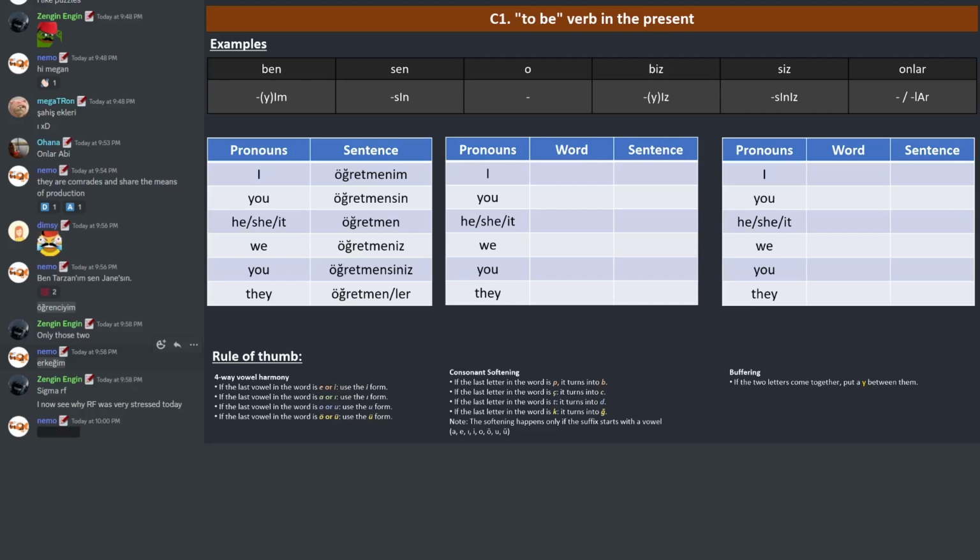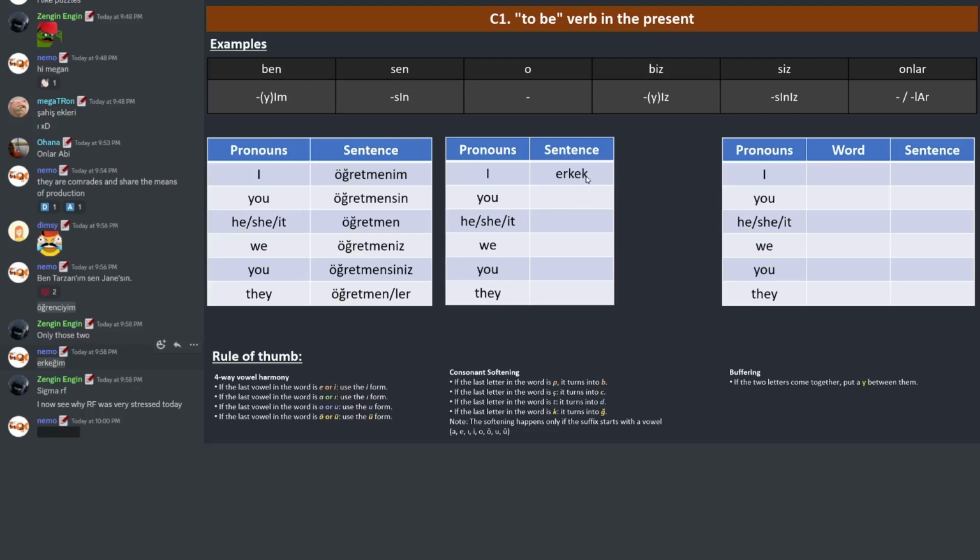Okay, so a different example that will show more explanation with the softening. "Erkek" can fit that, so I will use it. So I have to choose the ending. Do I need the buffer? No, because there's k at the end. But I have to soften my k, because after k there's an "im" which starts with a vowel.